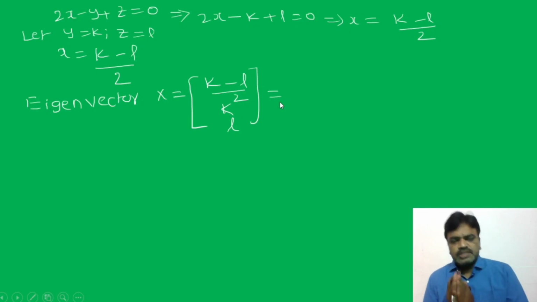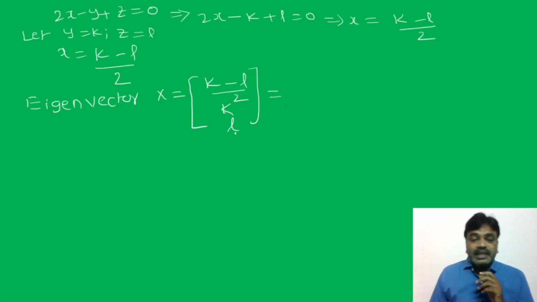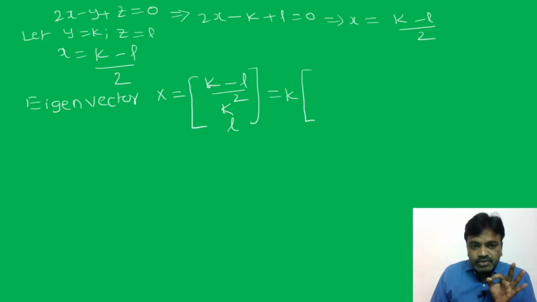We have two arbitrary constants, so this can be written as k into, see here, what is the k coefficient? The k coefficient is 1 by 2, friends. Here also we have k, so 1. In the third element there is no k, that means 0.